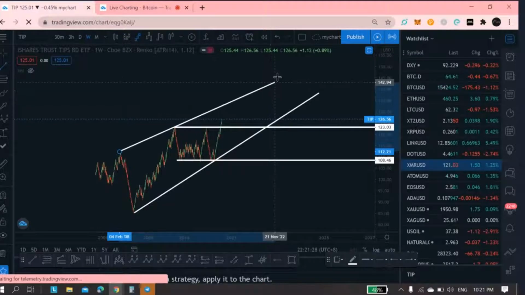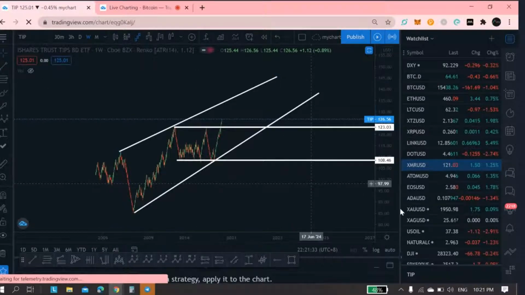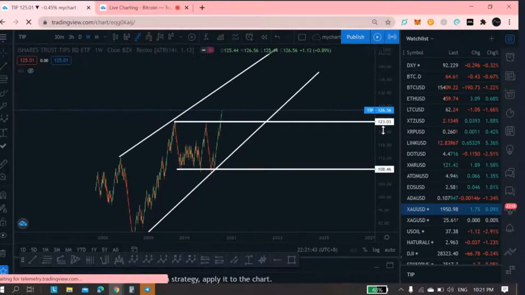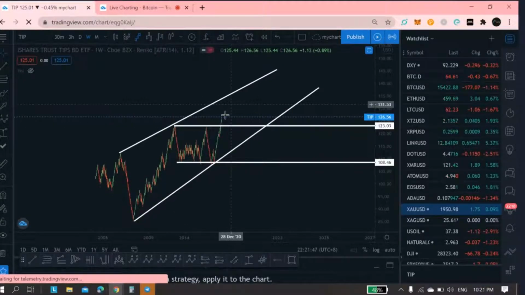Let's just create a, oh, so actually it will possibly retest this resistance area, but that is using the weekly time frame.